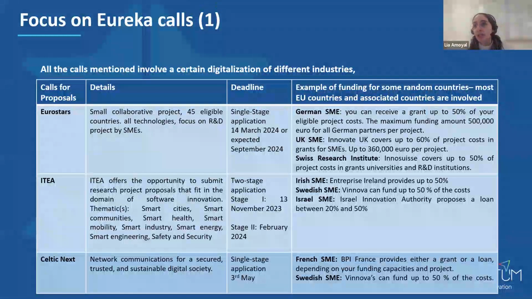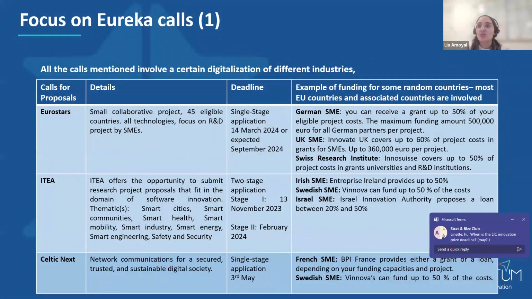They're working on the application for March, and they can receive up to 50% of eligible costs with a maximum funding amount of 500K euros for all German partners per project. One reserve: in Germany there is currently a problem in their budget. They need to divide properly the big envelope of multiple billions of euros. So this rule can be adapted according to the new funding policies that Germany is going to set up.